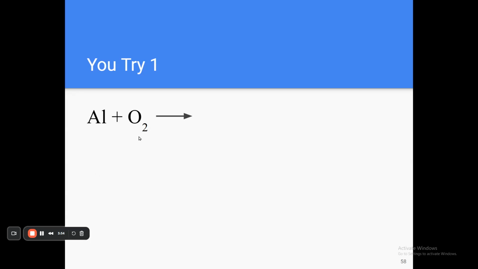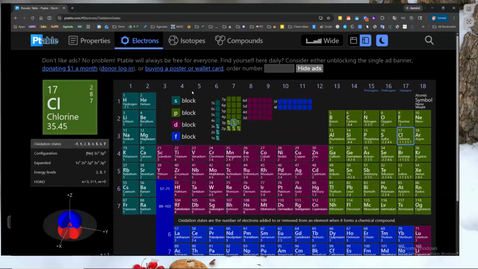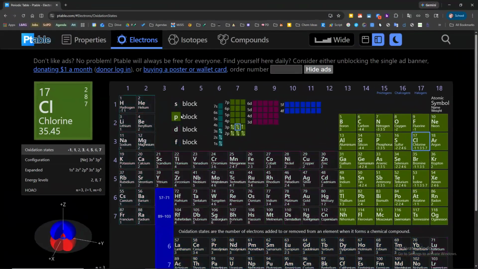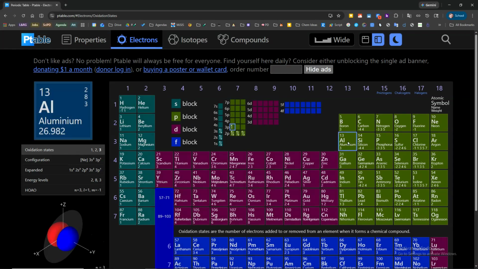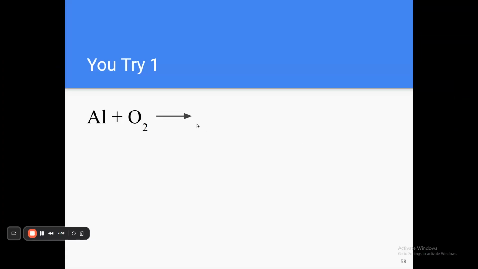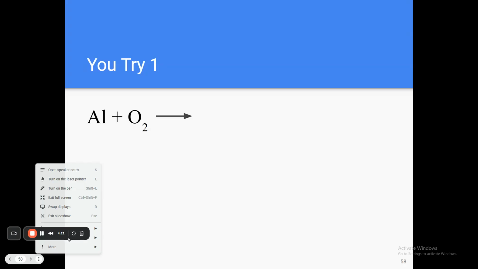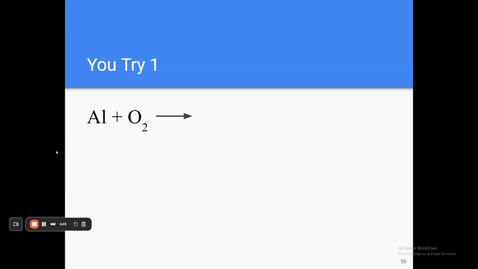Again, aluminum, if you need to, going back to the periodic table, aluminum has 1, 2, skip transition, 3rd column, so 3 electrons.